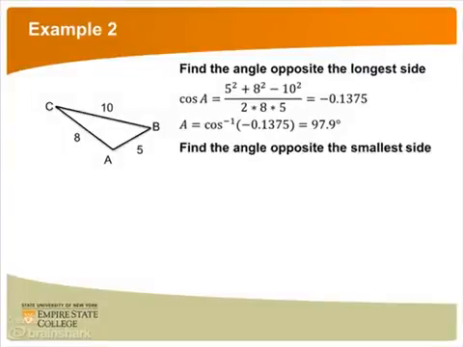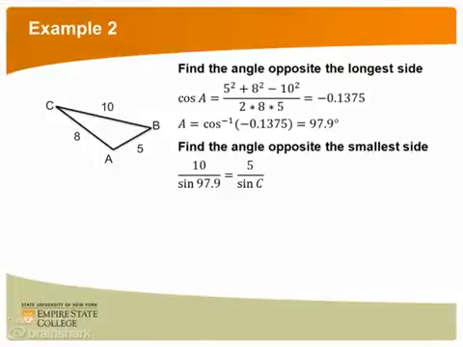Now we can use the law of sines to find the measure of the angle opposite the smallest side. We set up our ratio so that we can ultimately find the measure of angle C, which is opposite the smallest side. Cross multiply and divide. We find that the sine of angle C equals 0.4953.